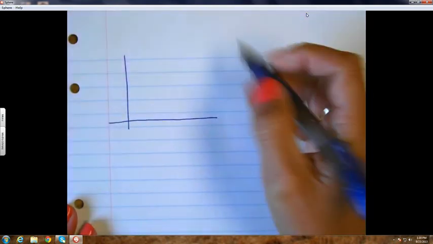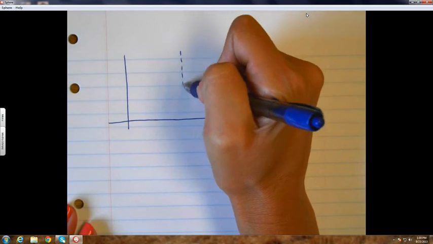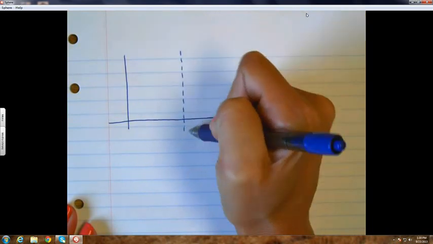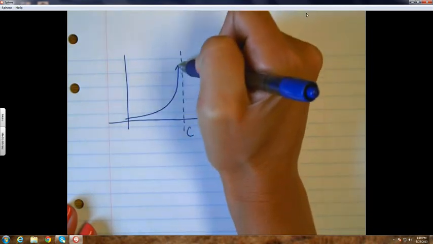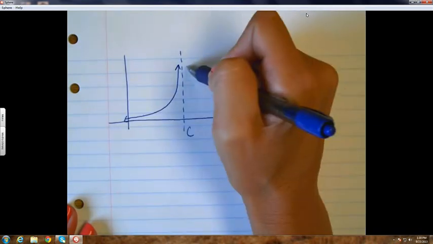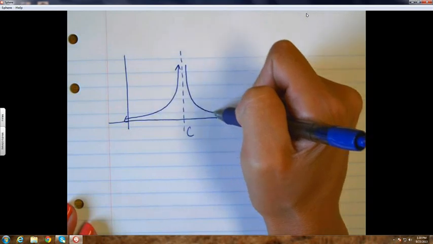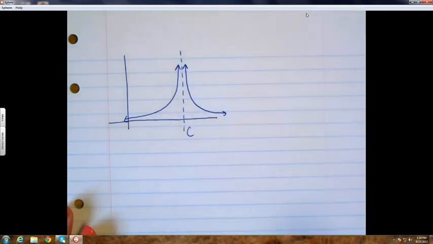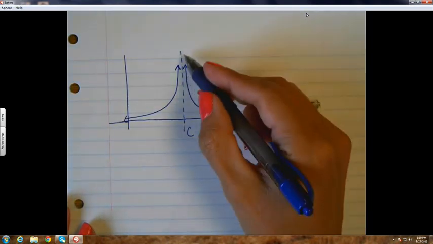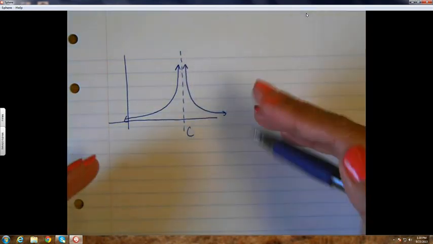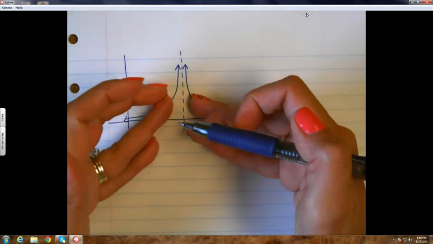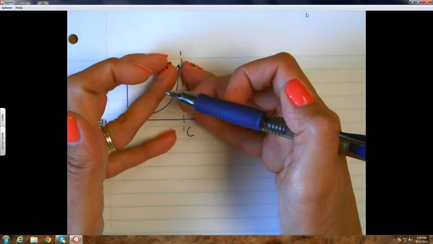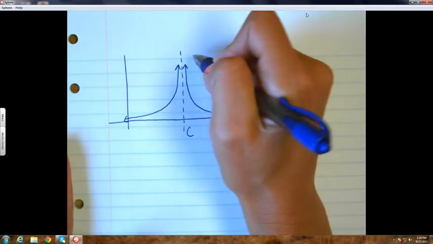This time, this is going to be my C value. And here's my two-part function. If you remember, that line that both sides of the function approach and get closer and closer and closer to, but never actually touch, that's your asymptote.